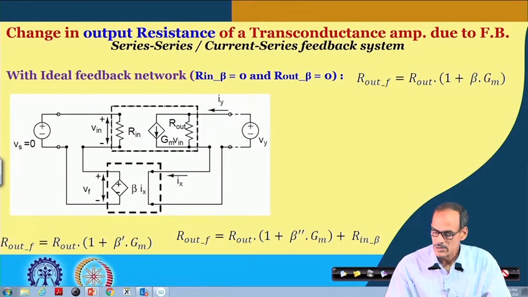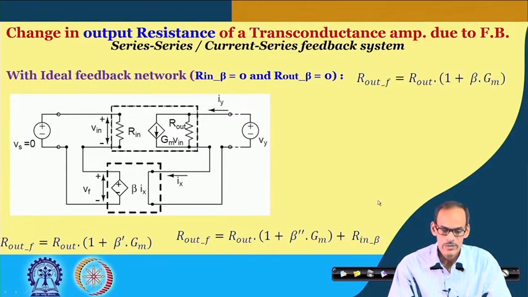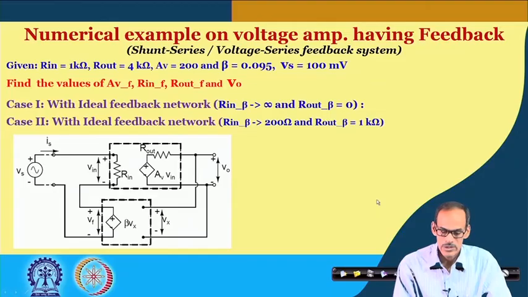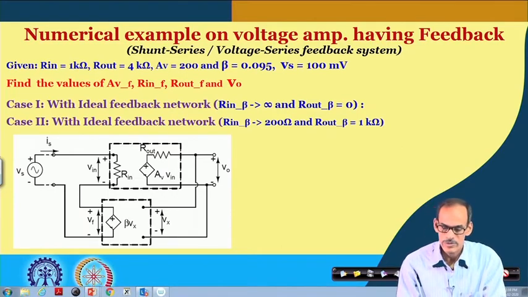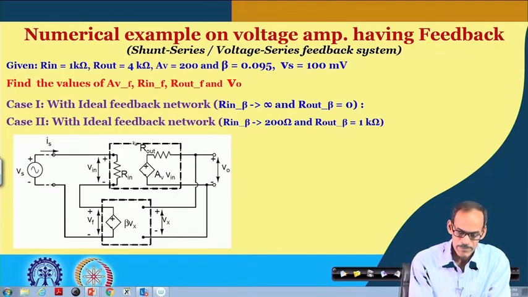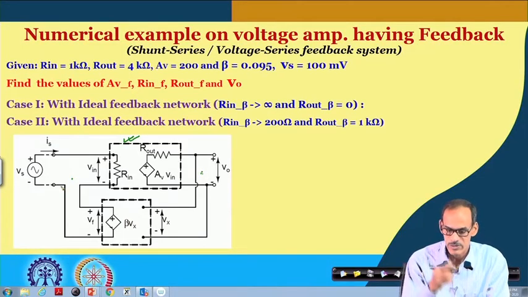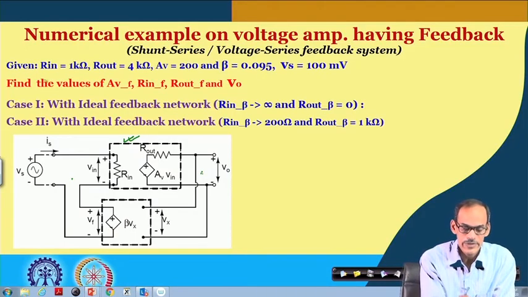To have a starting example, it is a voltage amplifier. We do have a voltage amplifier here. So, this is the forward amplifier and the feedback along with its feedback connection. Of course, the feedback is shunt here and series here, that means voltage series feedback connection.